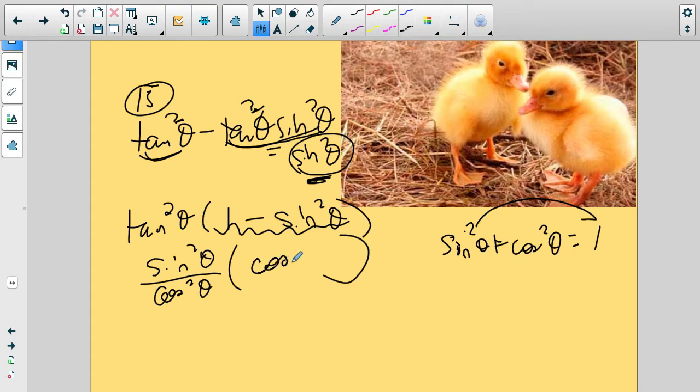Get used to those Pythagorean identities. Let's talk about what Anya brought up. I've been preaching the Pythagorean identities, so understandably she thought tangent squared had something to do with secant squared. But I keep an eye on my prize. This would be a great one to change everything to sines and cosines. This cancels, and we're done.